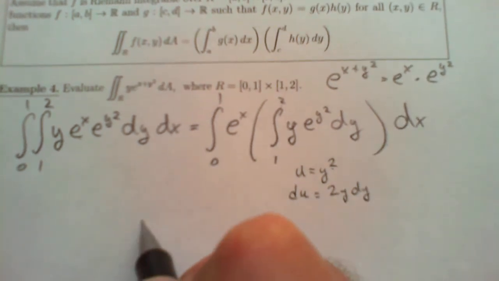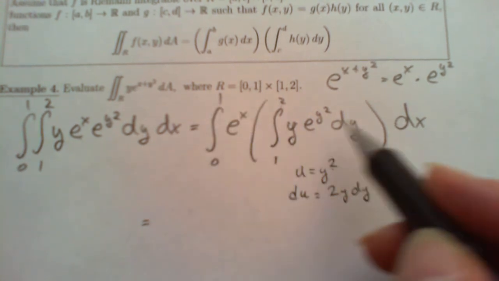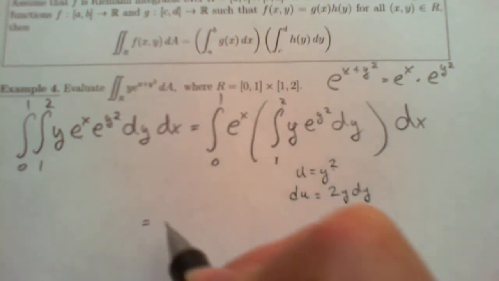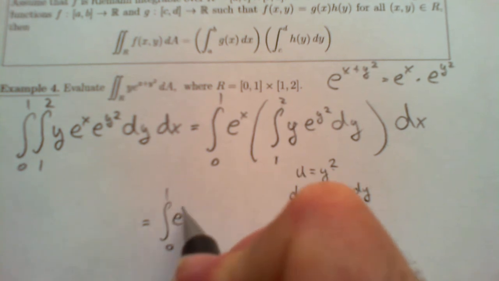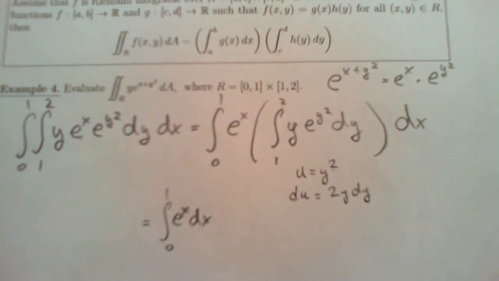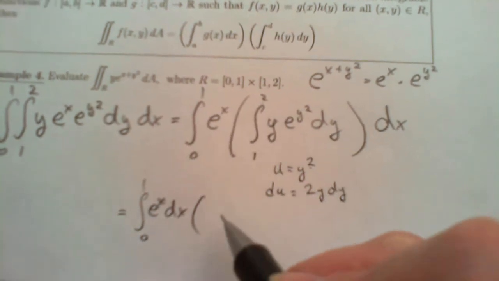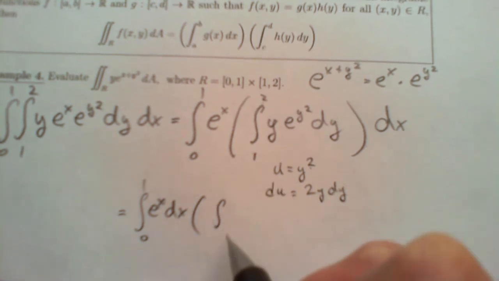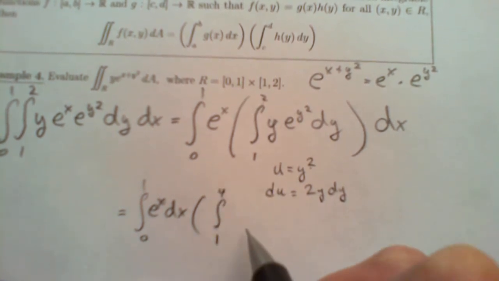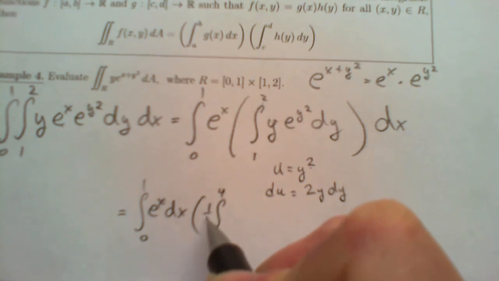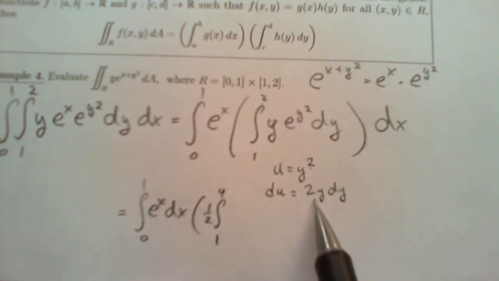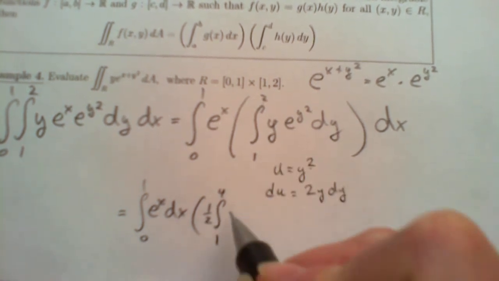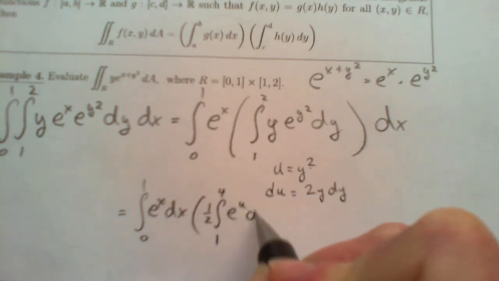That number is going to be multiplied by the integral from 0 to 1 of e to the x dx. This number is the integral from 1 to 4 of 1/2, which comes out from the u substitution, since that y cancels, e to the u du.